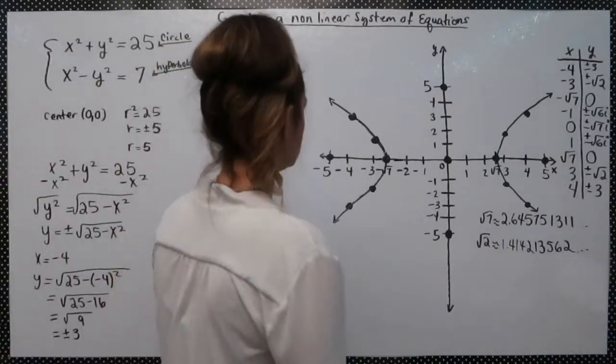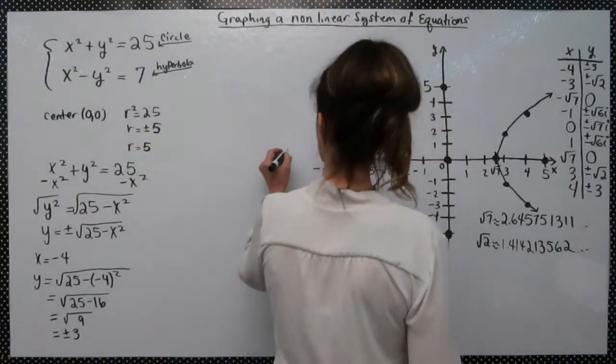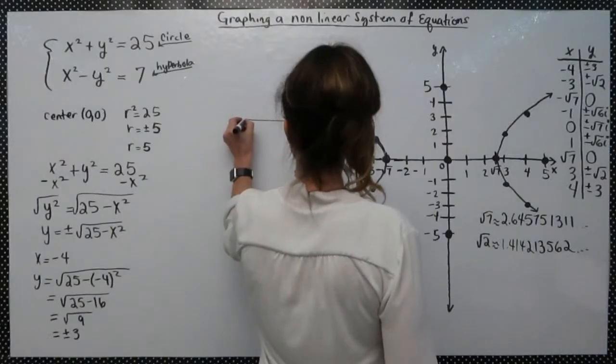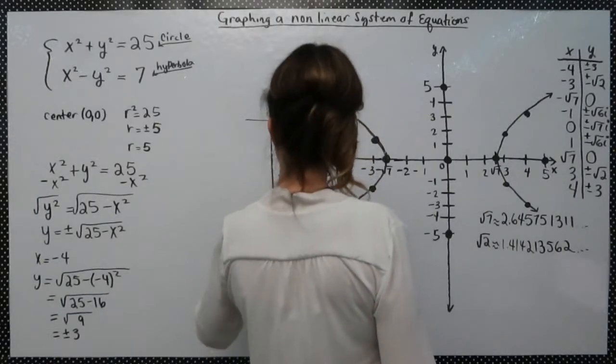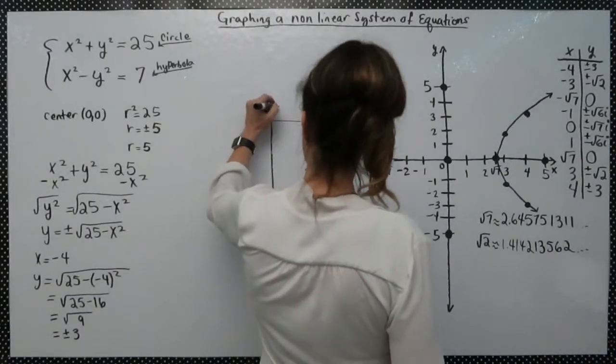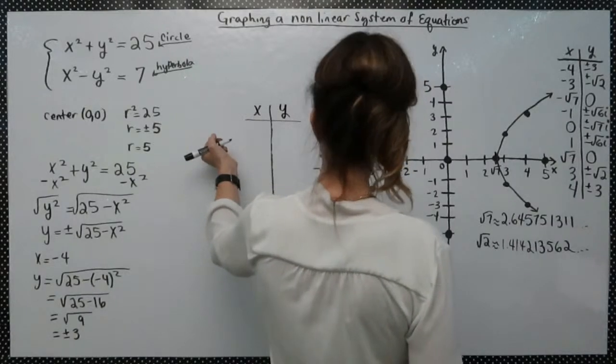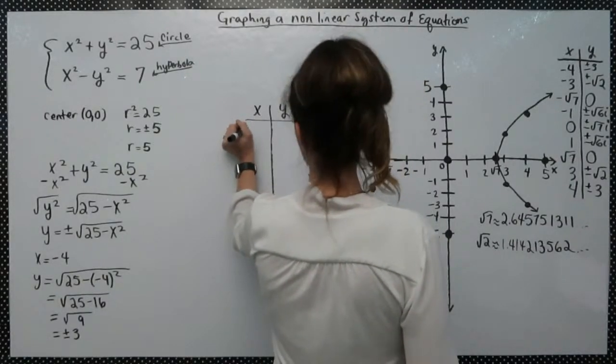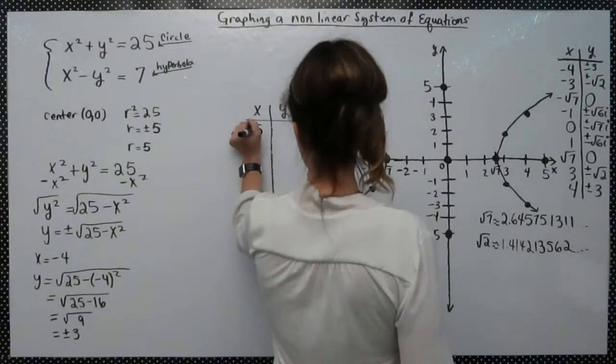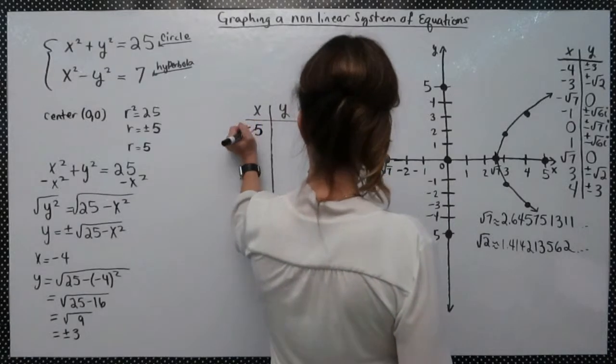So for my circle, we need another table here. So x comma y. And we're going out, it looks like, to -5 because that's my radius.